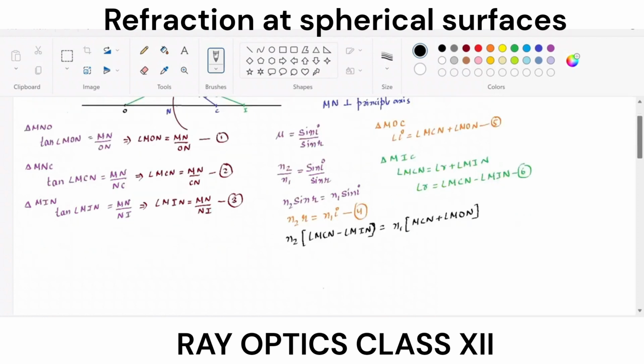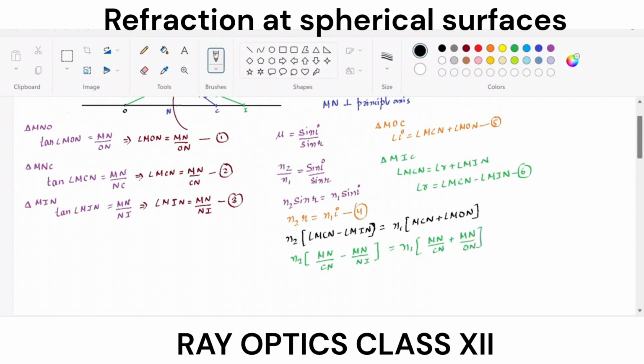From equation 1, we can substitute the values. So let's substitute here n2 into MCN, MN upon CN, minus MIN, MN upon NI, that will be equal to n1 into MCN, MN upon CN, plus MON, MN upon ON.